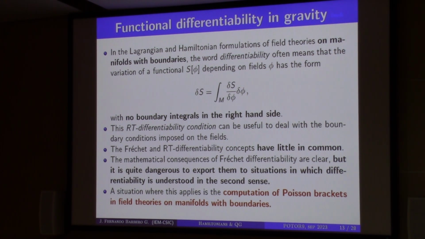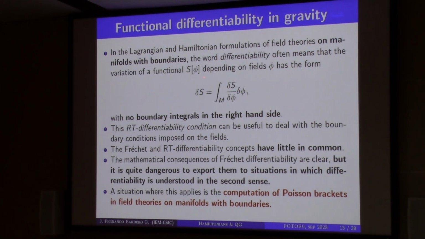And in the context of the Lagrangian and Hamiltonian formulations of gravitational theories, there is another concept of differentiability, which appears, for example, in Holst's book, and it means the following.